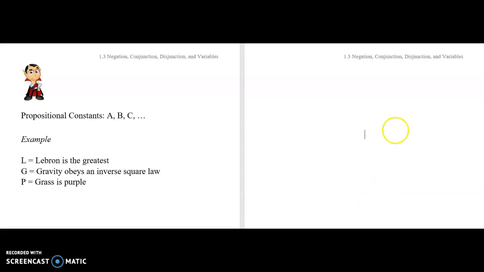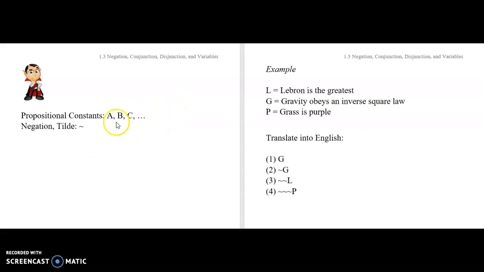If you see P all by itself, that stands for the proposition that grass is purple. Notice that although this is a false proposition, it's symbolized the same way. So propositions, whether true or false, are symbolized with a capital letter of the English alphabet, and we call these propositional constants. Okay, so pretty simple, right? You got these capital letters all by themselves, and they stand for propositions, no problem.